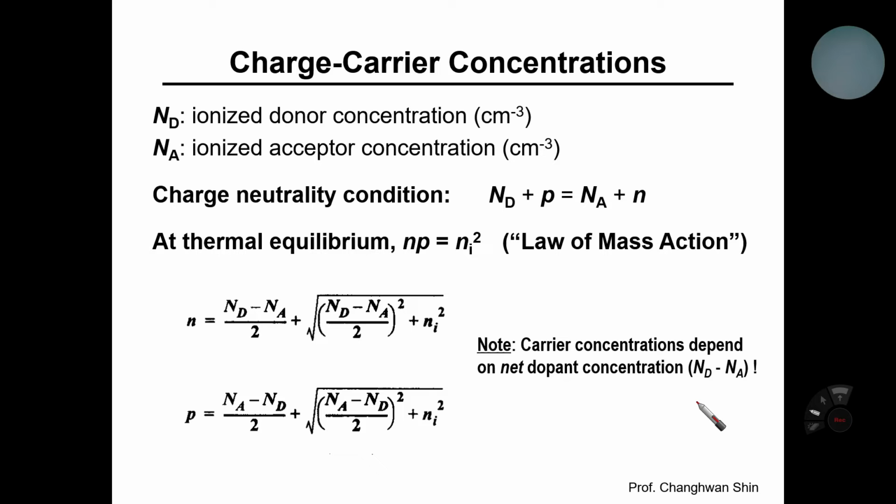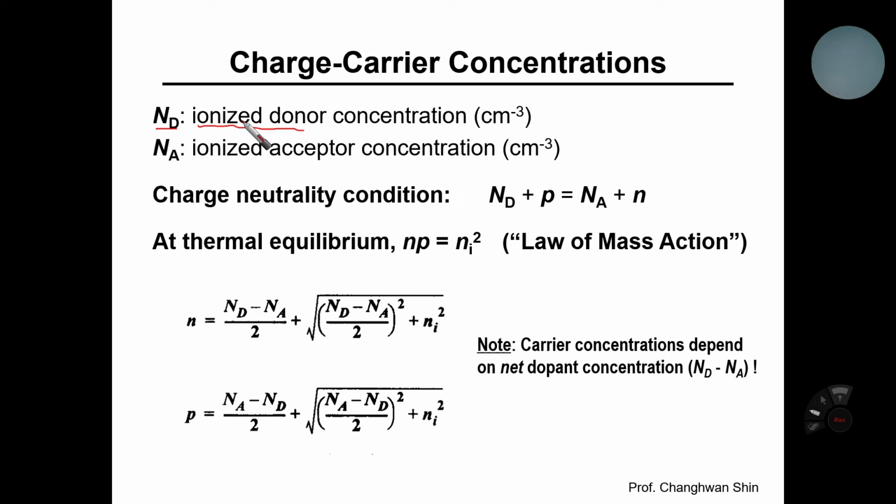So in this movie clip, I'm going to begin with the details on how to understand charge carrier concentrations. As described in this lecture note, N sub D indicates the fully ionized donor concentration.